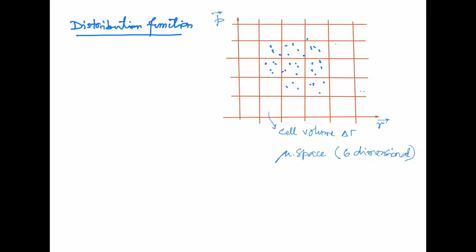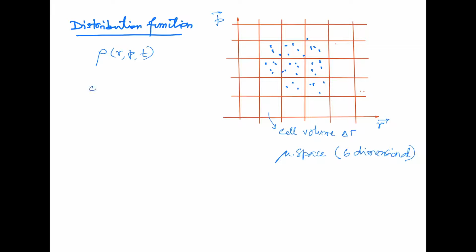So we are not concerned with how an individual atom behaves. We are concerned with how this whole group behaves. In particular, we wish to calculate the distribution function rho, which is a function of, in general, R, P and T, defined as follows.